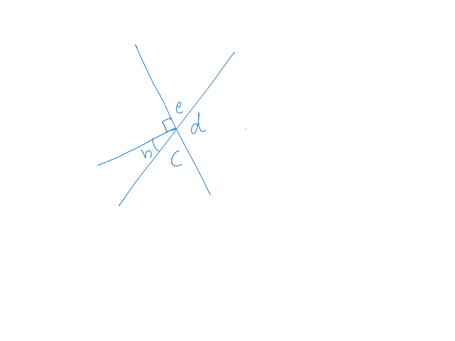And this is B. Now what all information do we have over here? Let's say they've given us this detail, that D is 140. Now can you find out B, E, and C? Good luck.